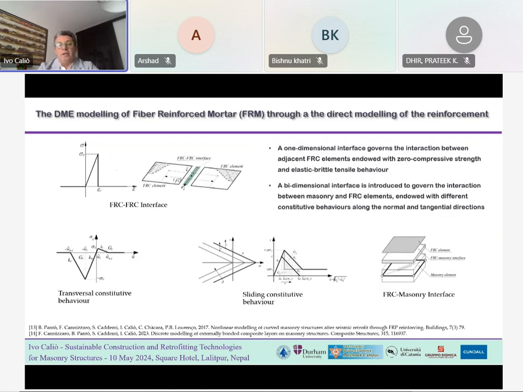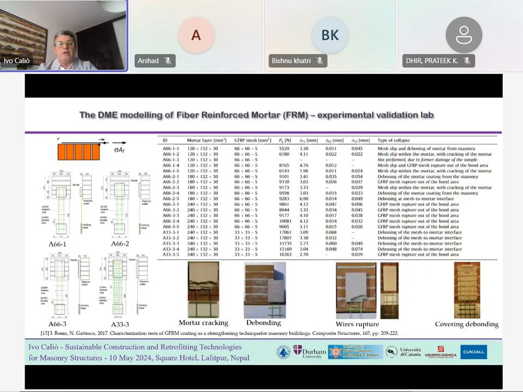The model has been calibrated according to a constitutive law, including also degradation and the different behavior in tension and compression, and has also been calibrated according to different numerical results.